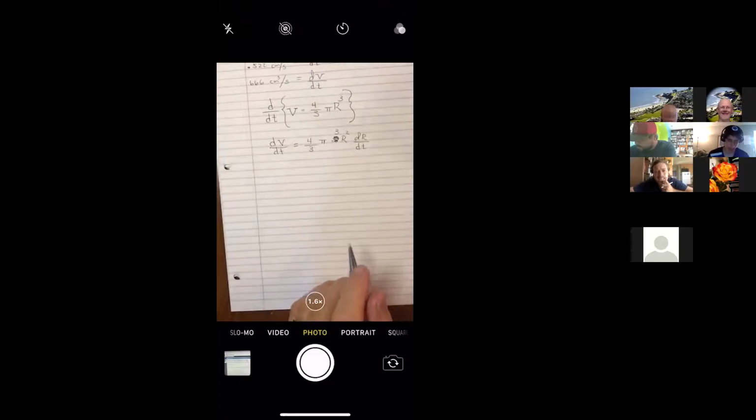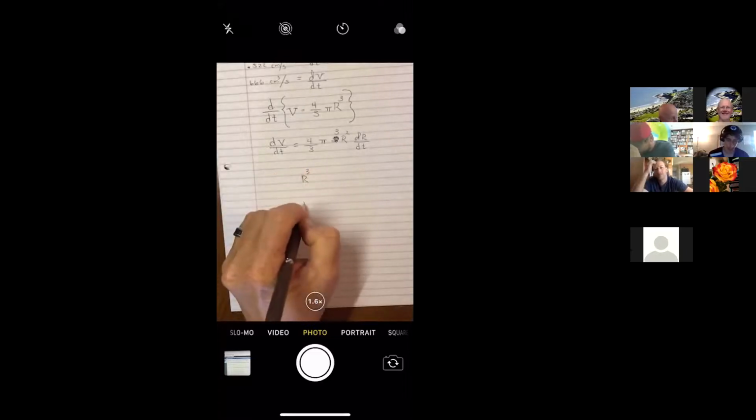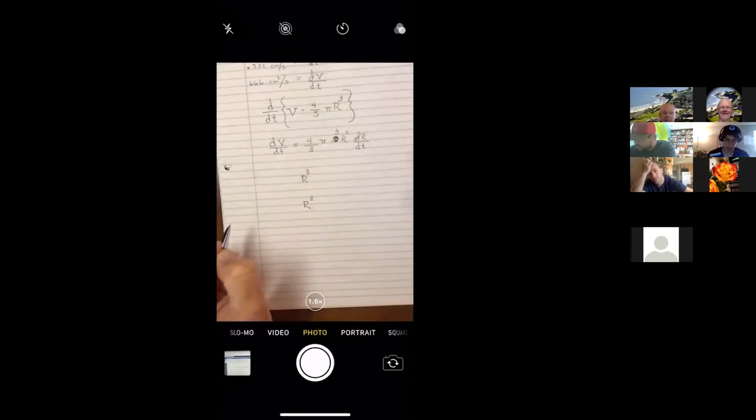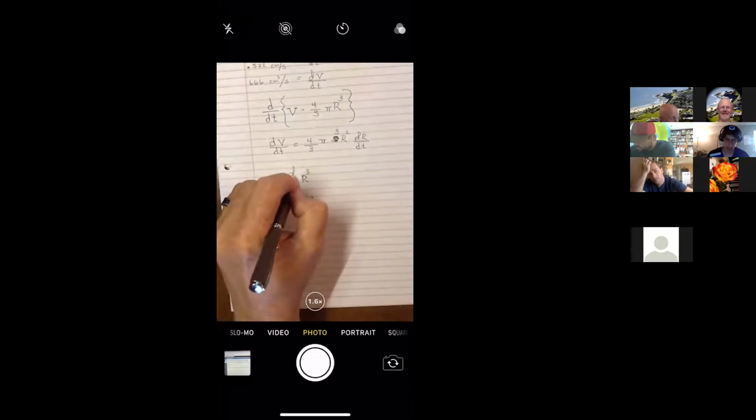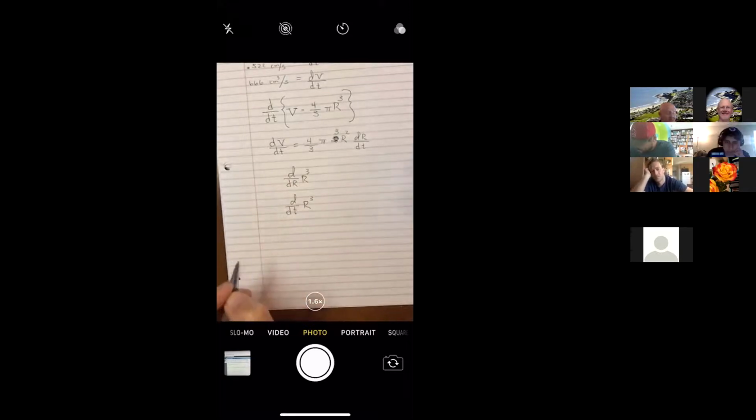See if this picture helps. Do not confuse. If I have r cubed, I could take the derivative with respect to r, or I could take the derivative with respect to a different variable.